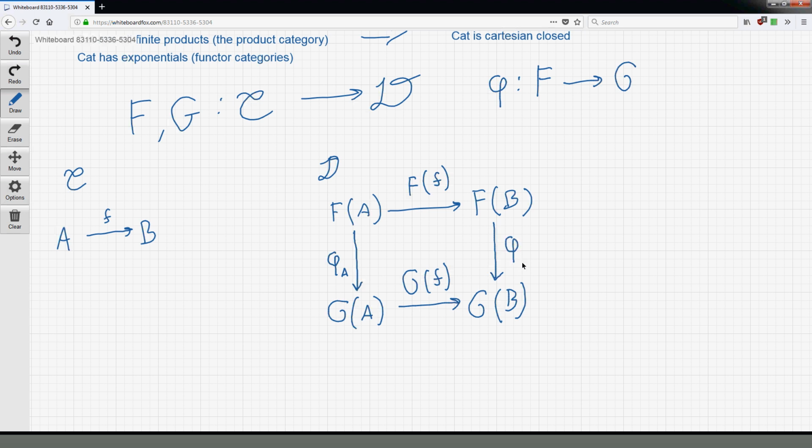We call them the components of the natural transformation. And these morphisms make this diagram commute, essentially. So this means that phi B after F of f is equal to G of f after phi A.